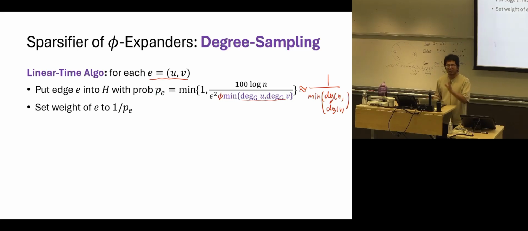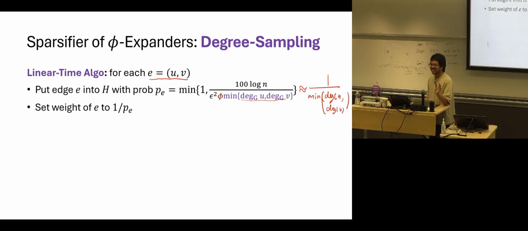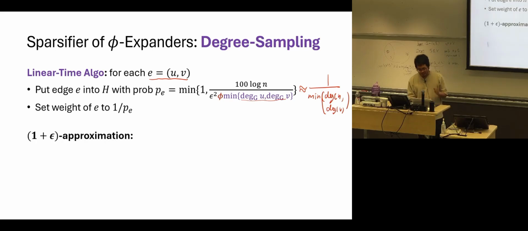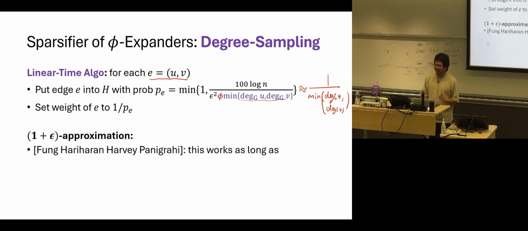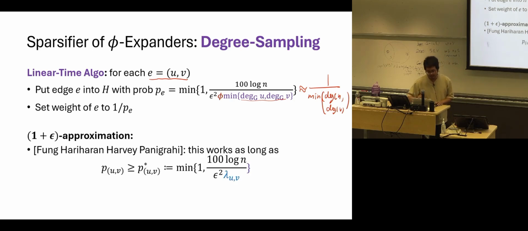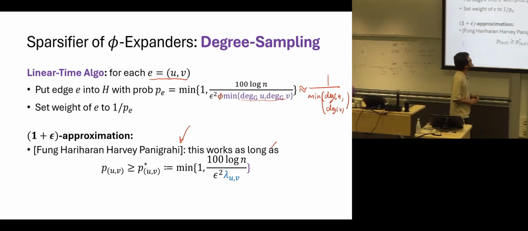It shouldn't be clear to you why this works, and I will need to skip actually why it works, but the proof is not too crazy and you can have a look. But actually, there is a more general proof which says this.